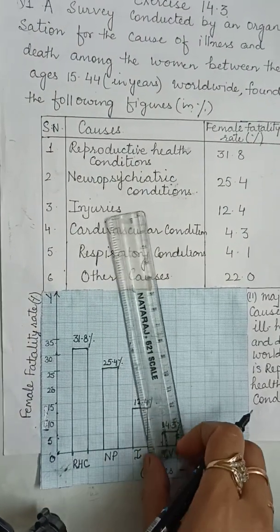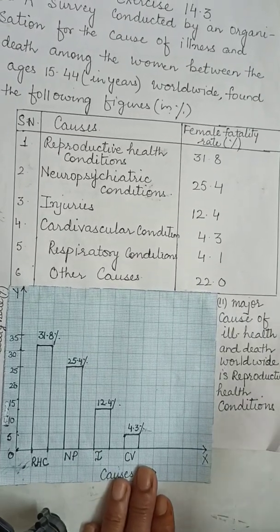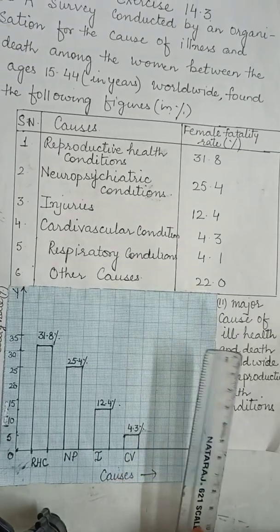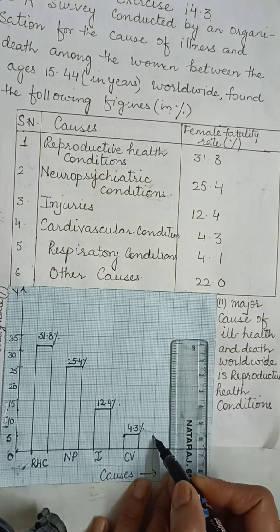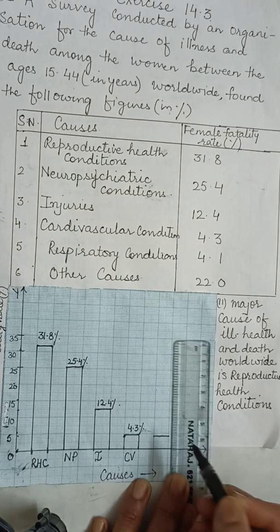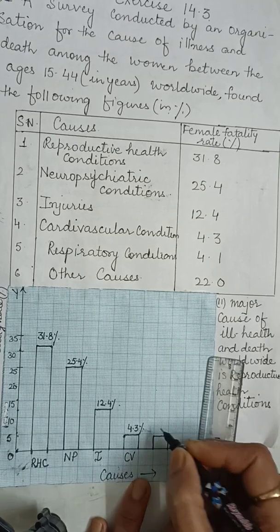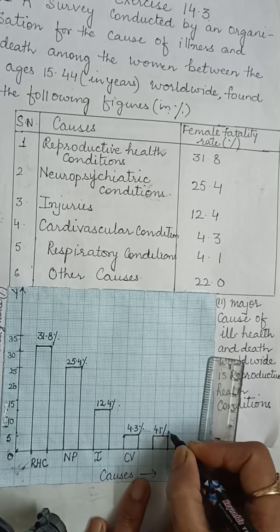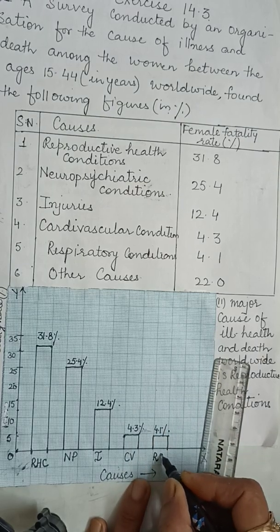Then we have respiratory conditions, which is 4.1. So we are taking it here after 4. This is 4.1%, respiratory conditions.